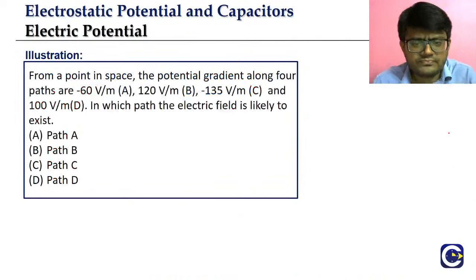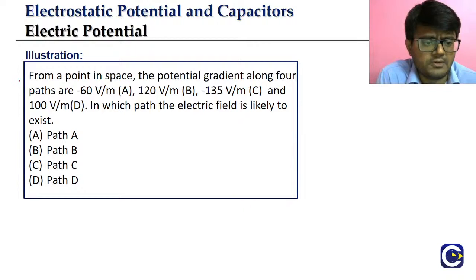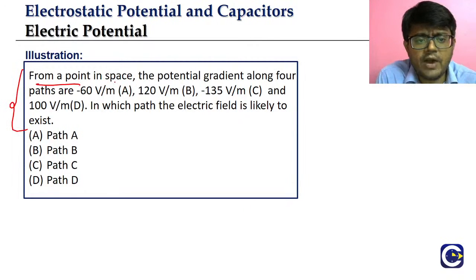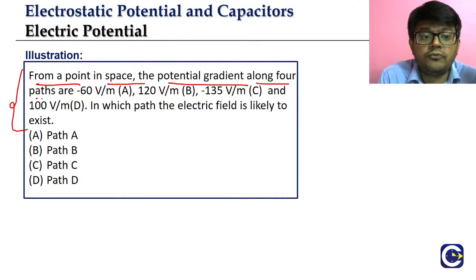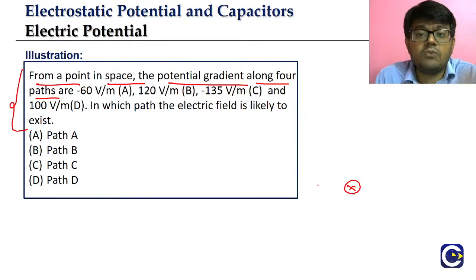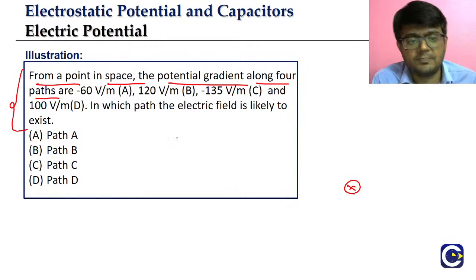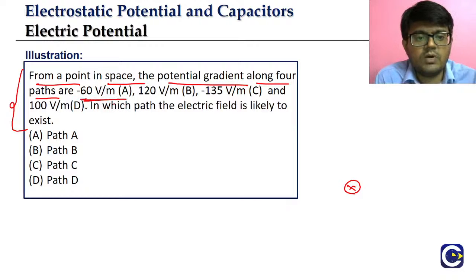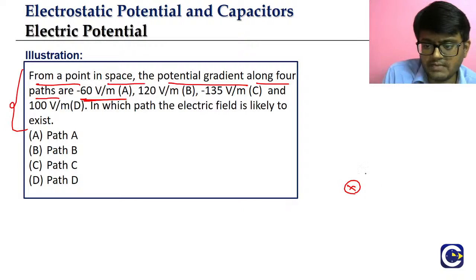This can be a sample type of question. From a point in space, they are calculating the potential gradient along 4 different paths. Path A: minus 60 volt per meter.